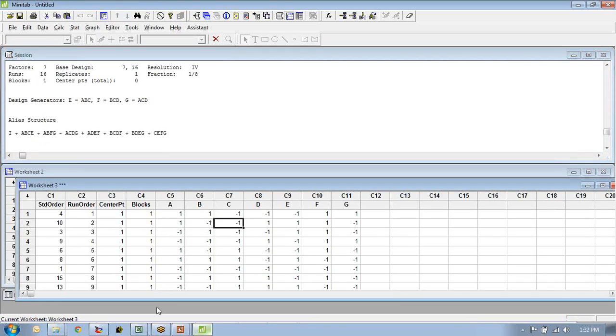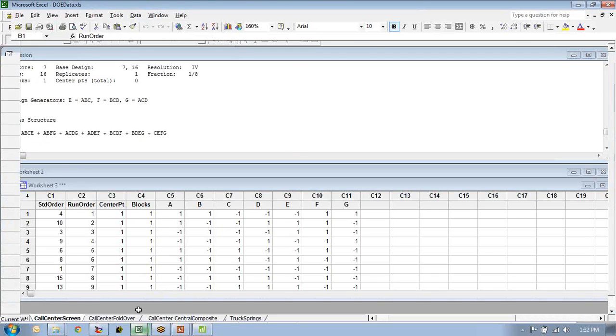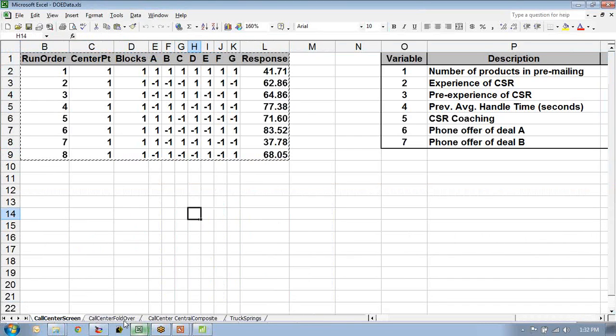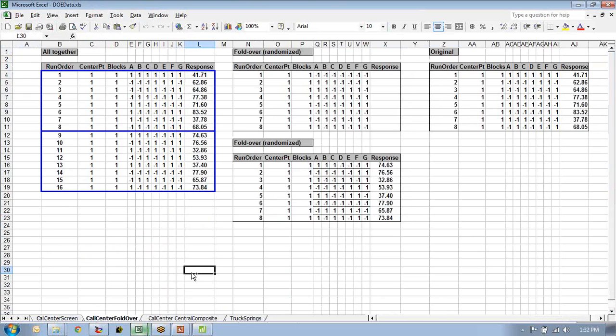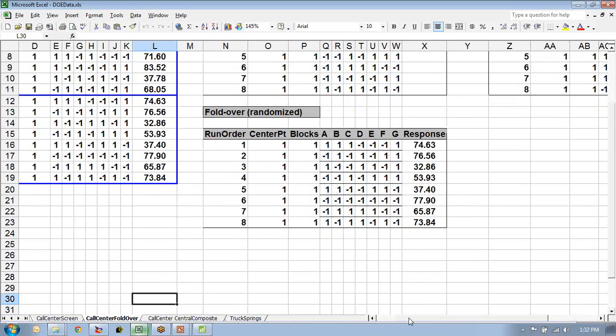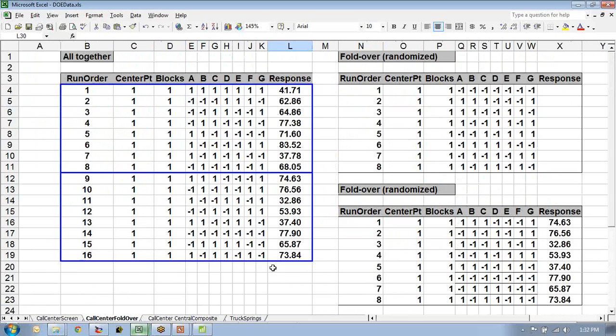Now, an interesting alternative is, suppose that we've already run the screening data. If we've already run the screen, what we can do is a fold-over design. Essentially, what that is, you take 2 of those 8 blocks of runs, right?